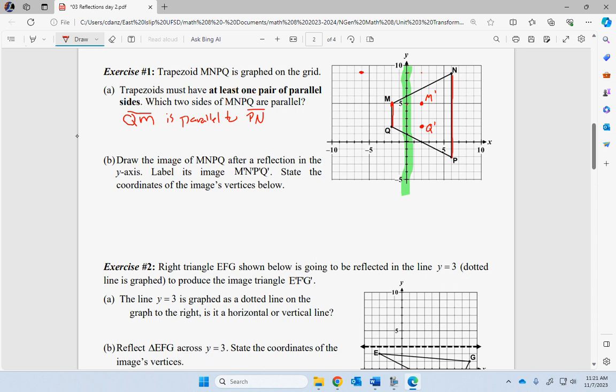So it doesn't matter that part of this figure starts on the right and the other part starts on the left. Sometimes when we do reflections, they kind of flip on top of themselves. There'll be like an overlap. And then I'll do my best in drawing straight lines.